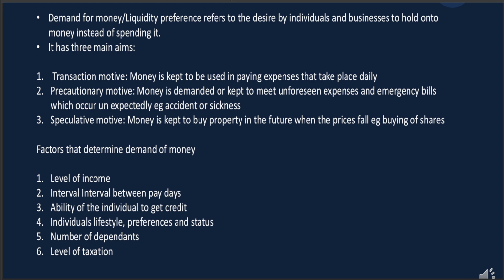So just like we said, the level of income, if you have a higher income, you can hold on to that money. But if your income is very low, especially kuna taxation, hiyo income yako kama ni 50,000 ishapunguzwa mpaka 37,000. Faida gani sasa ya kuhold money? It's better to spend it than to save it. Yeah. So let's go on to the other slide.